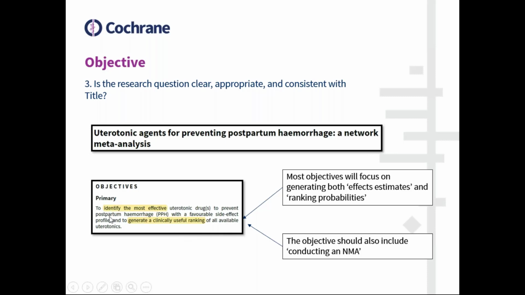Here you can see the highlighted text taken from the example I mentioned previously. It says to generate a clinically useful ranking of all available uterotonics. However, this particular review didn't include conducting a network meta-analysis in its objective, which it should have done.